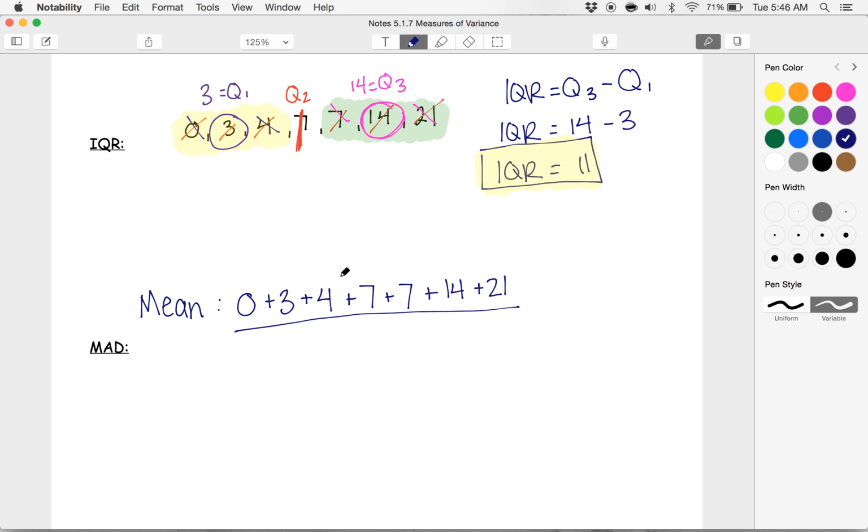That's 1, 2, 3, 4, 5, 6, 7 divided by 7. So let's see what we get. 0 plus 3 plus 4 plus 7 plus 7 plus 14 plus 21 gives me 56 over 7, which gives me 8.